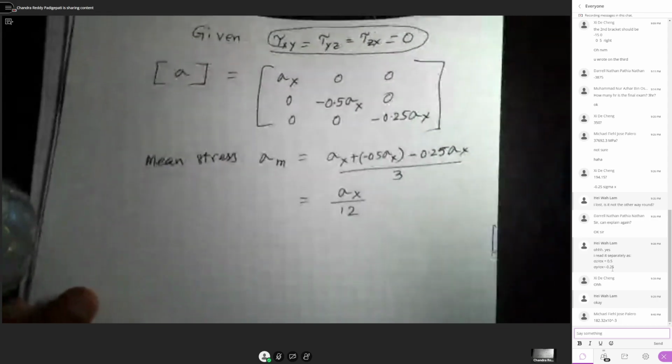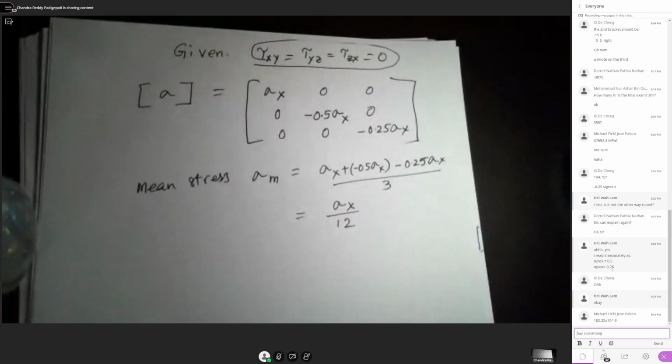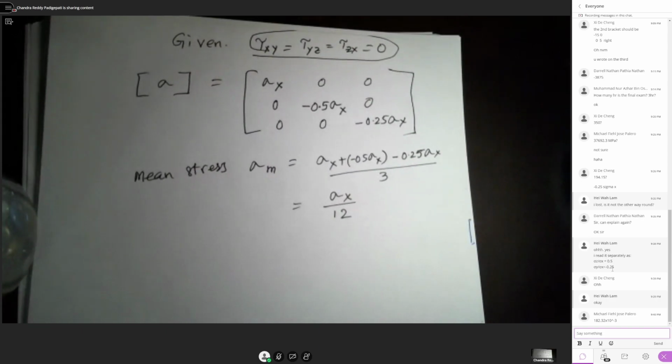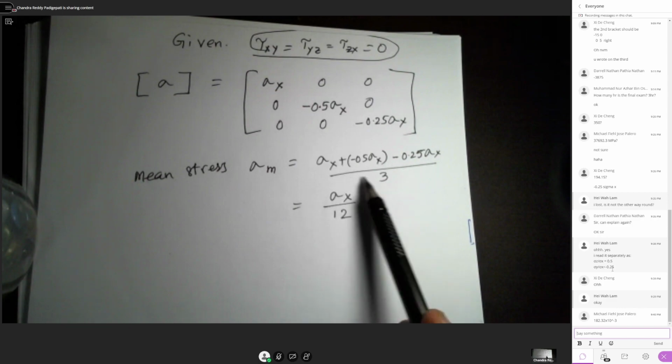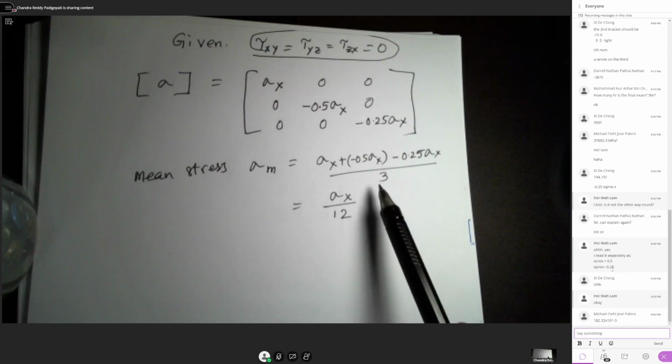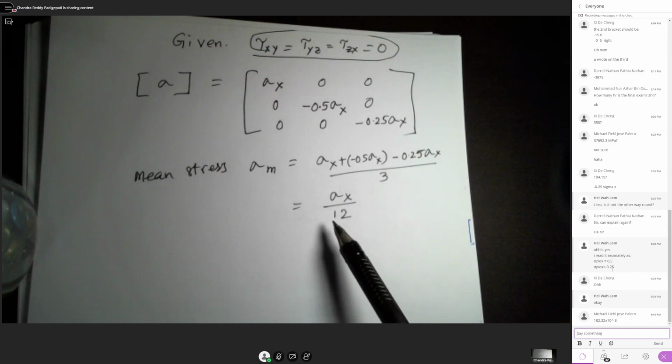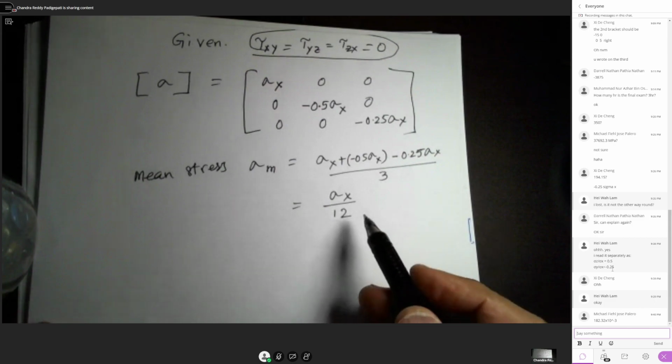Simply, 0.25 sigma x can be written as sigma x by 4, so sigma x by 4 into 1 over 3, which is sigma x over 12. So this is the mean stress.